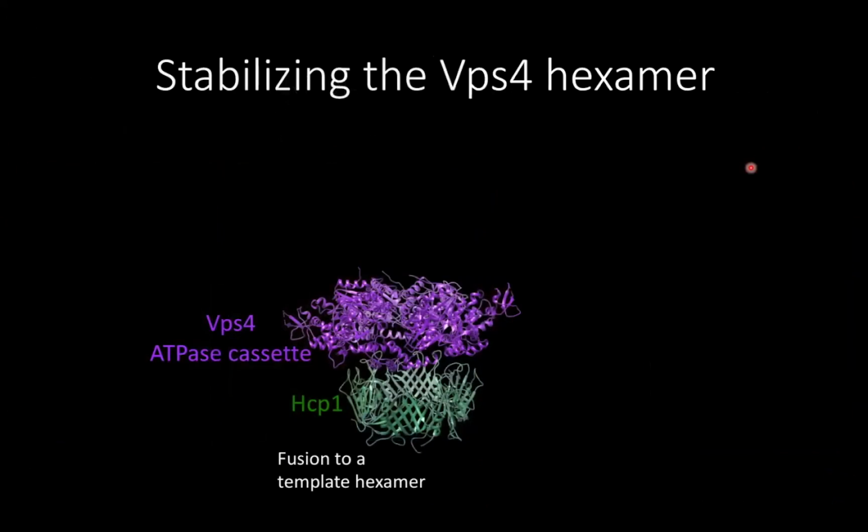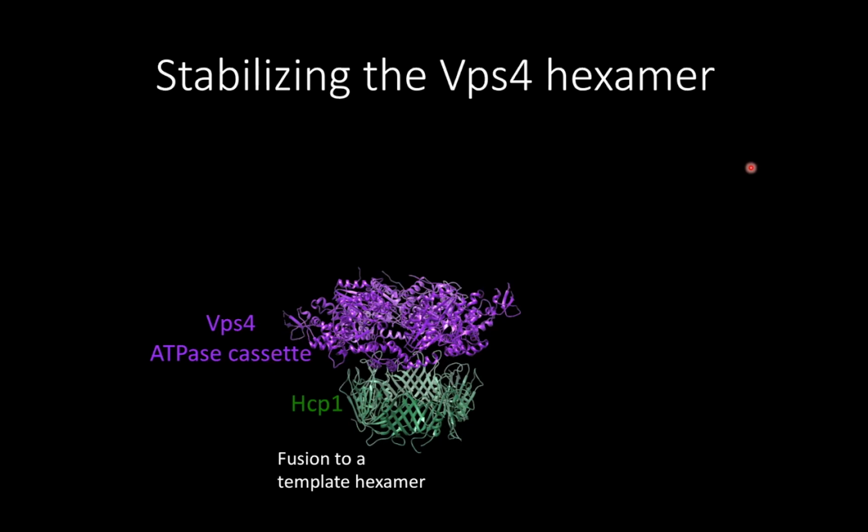Part of the reason why this project was so difficult or so slow, I think, is because VPS4 is only a weak hexamer biochemically. And so perhaps in desperation, Nicole forced VPS4 to become a hexamer by expressing it as a fusion with HCP1.